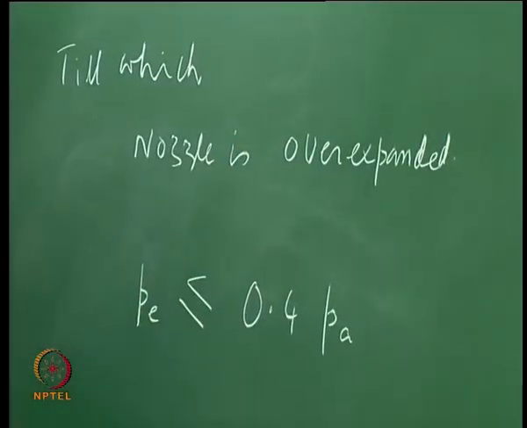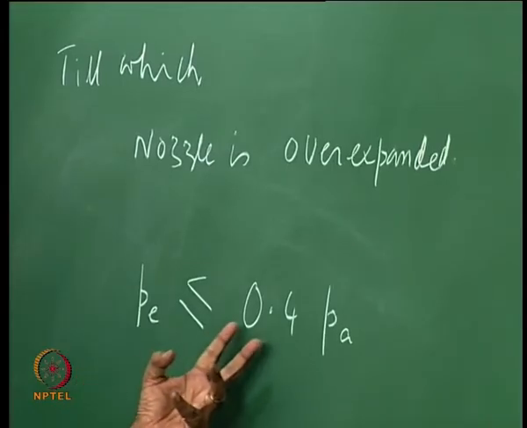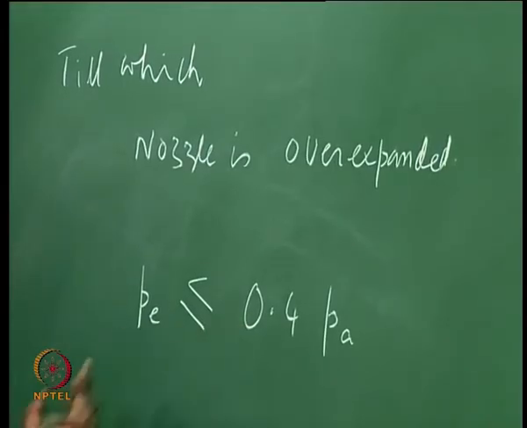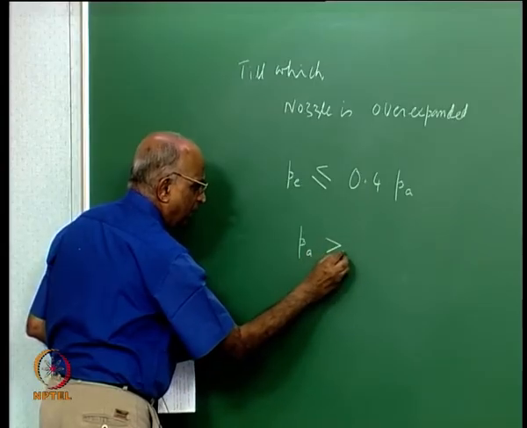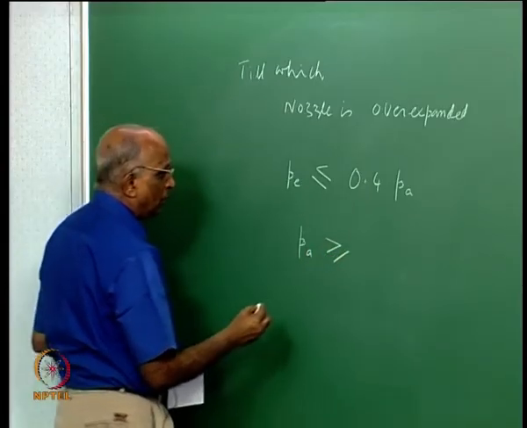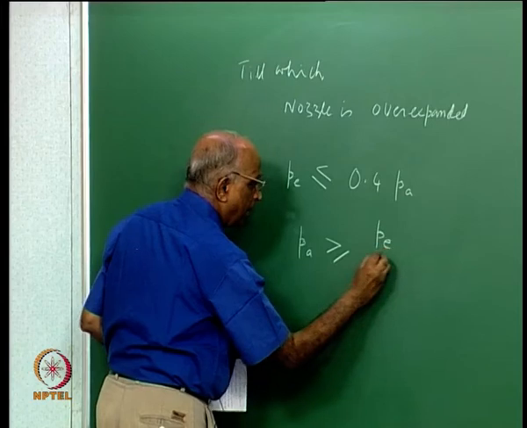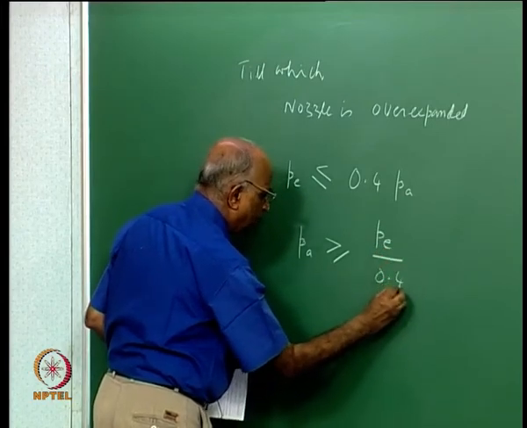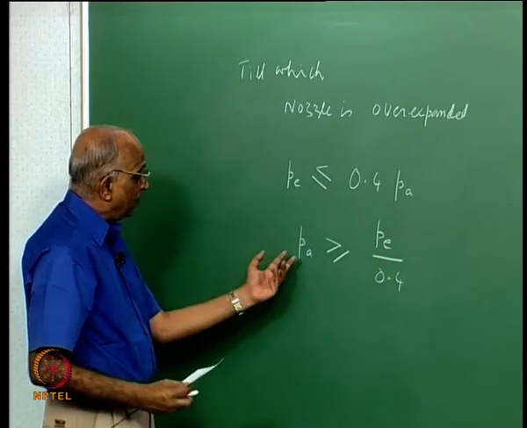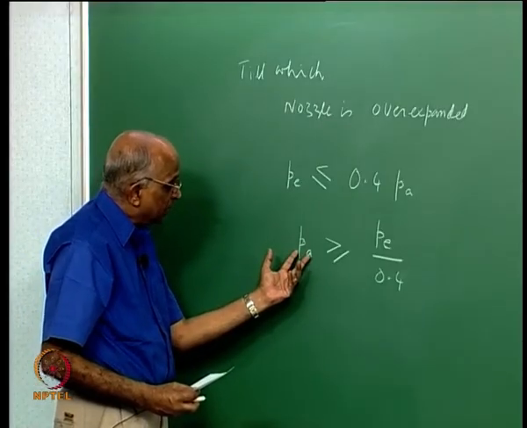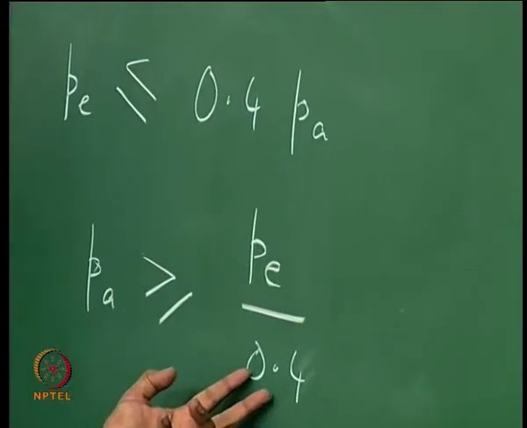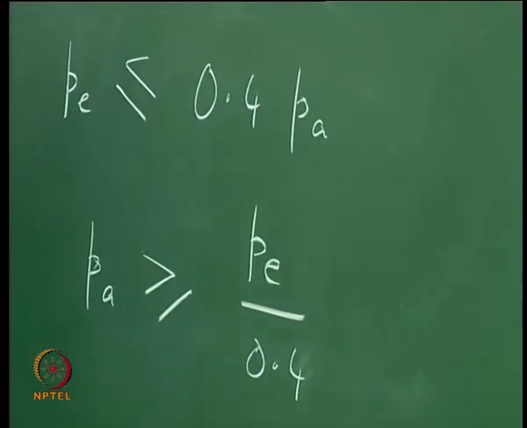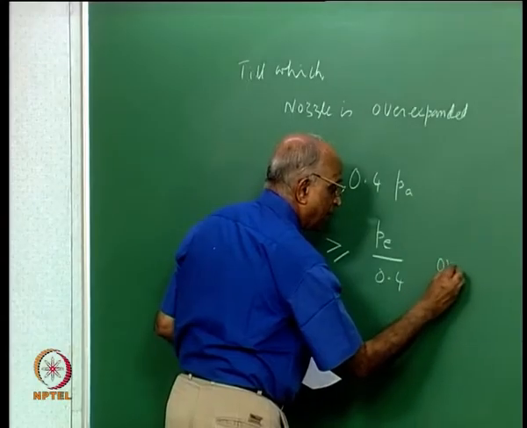We also looked at a better criterion, namely involving Mach number also. Let us use the Summerfield criterion. When the ambient pressure Pa is greater than or equal to the exit pressure Pe divided by 0.4, then the nozzle is over expanded.